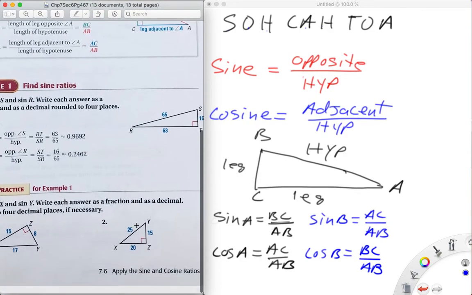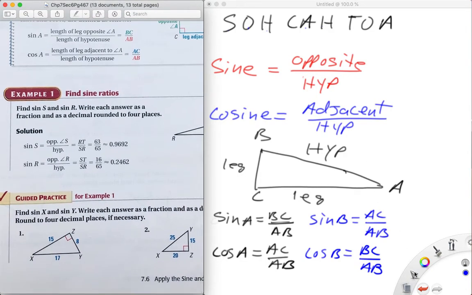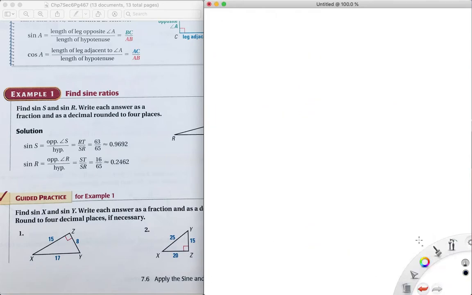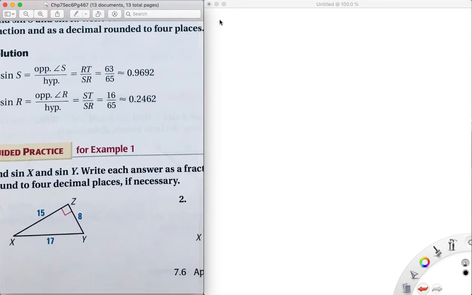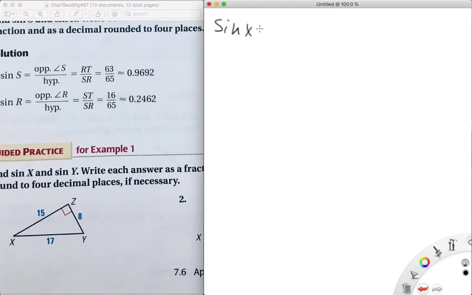Alright, so down here, they give us a triangle. They want sine of X and sine of Y. So sine of X is equal to opposite over hypotenuse, so 8 over 17.